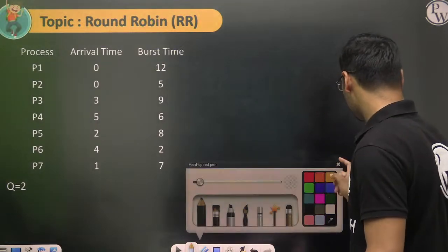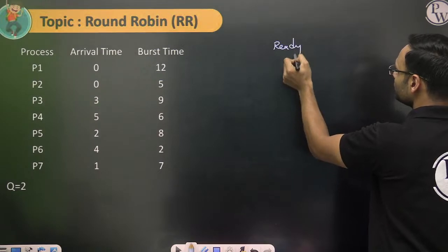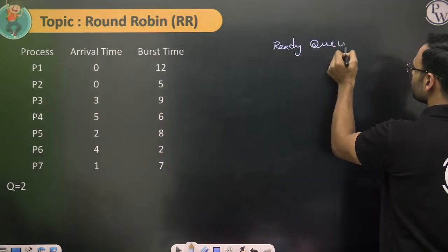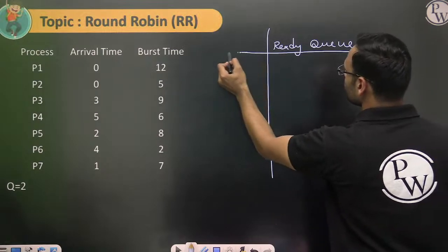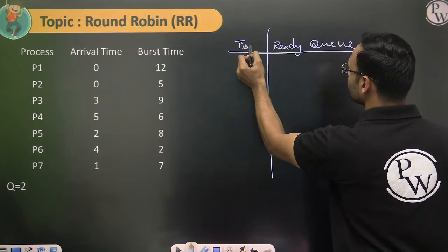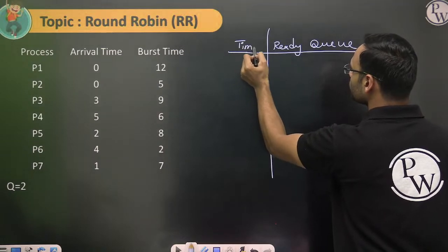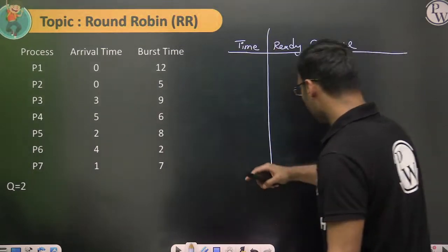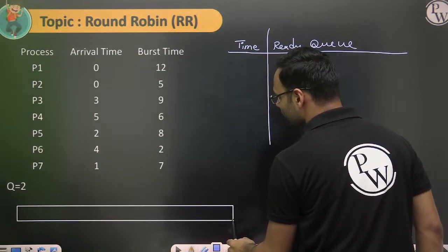See, you guys will have to maintain the ready queue. That is the very first thing. If you don't maintain the ready queue, you will not be able to solve the question correctly.